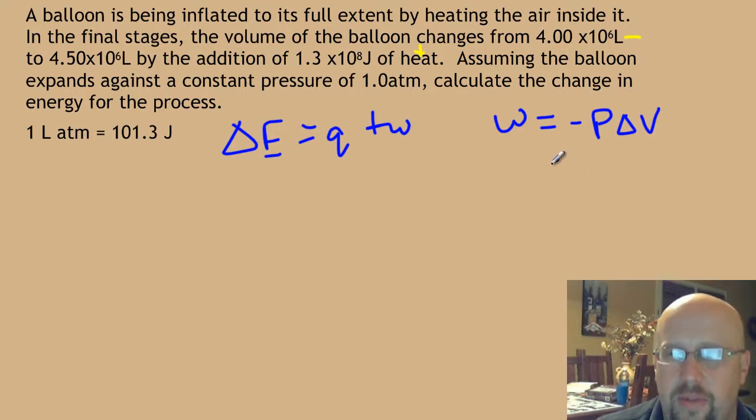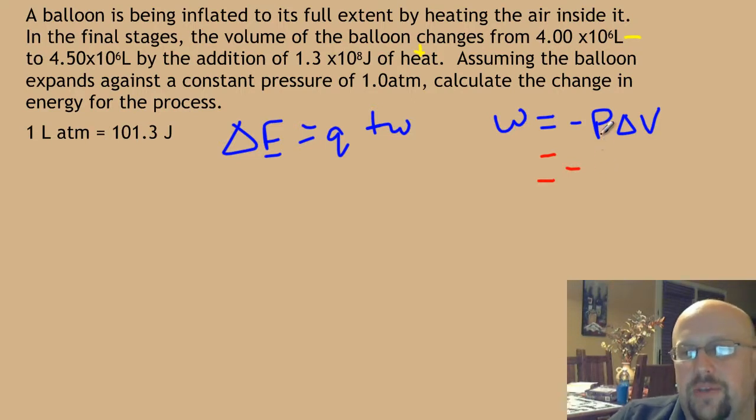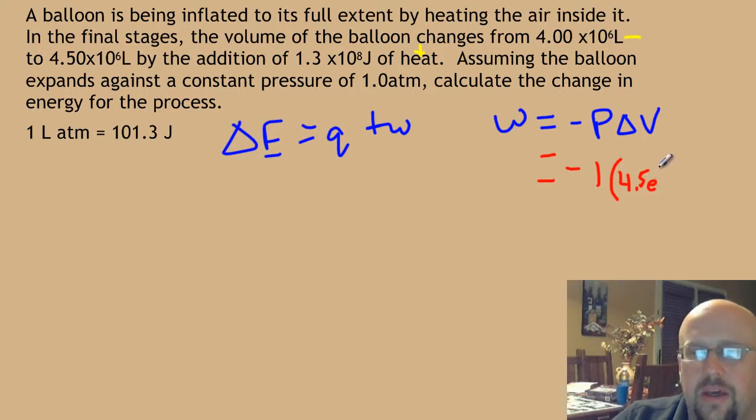So this part actually works out pretty simply though as well, because the pressure is 1. Okay, so that means I've got a pressure of 1 atmosphere, and then my volume, I've got 4.5 times 10 to the 6th, and then minus 4.0 times 10 to the 6th. Sorry, that's a decimal. Guys know I can't draw decimals when I do this.